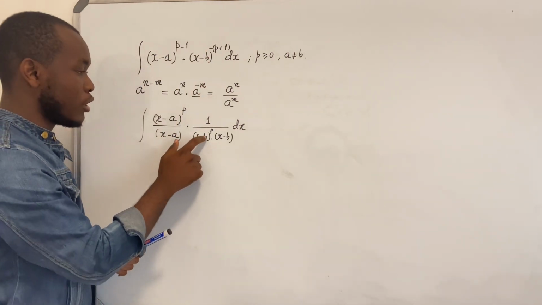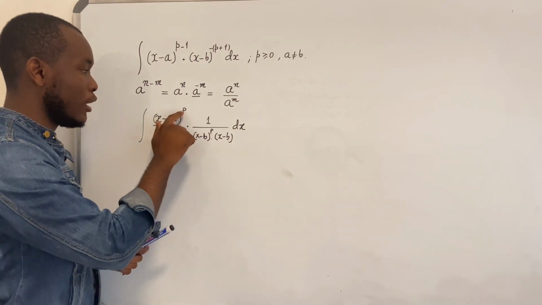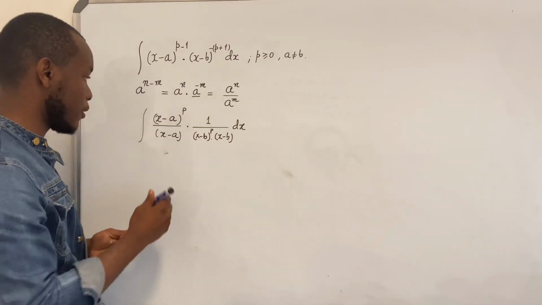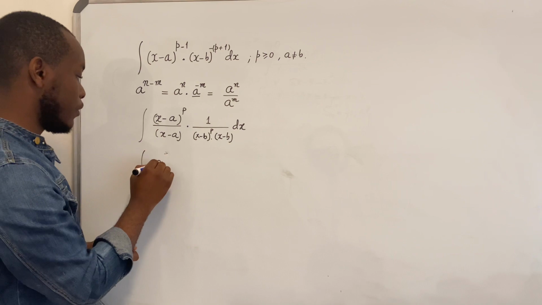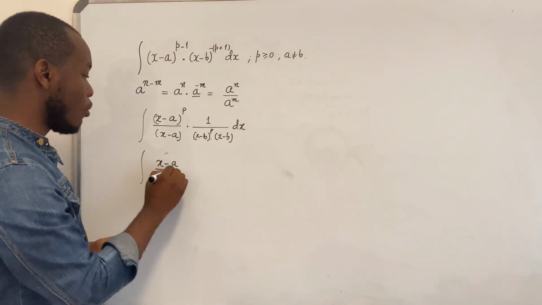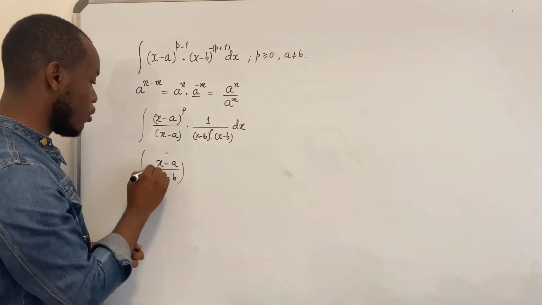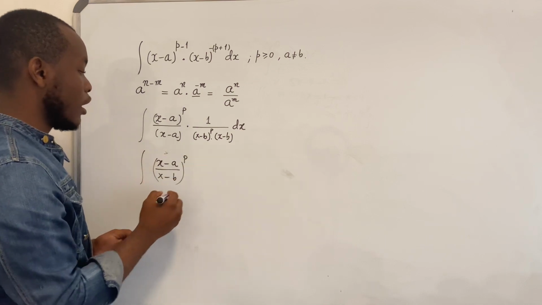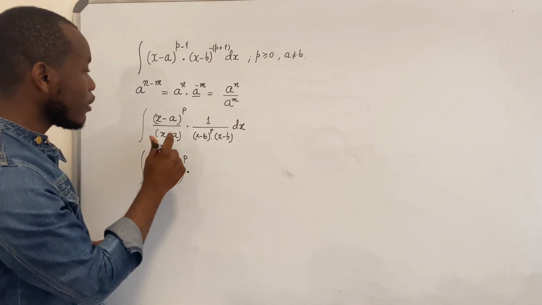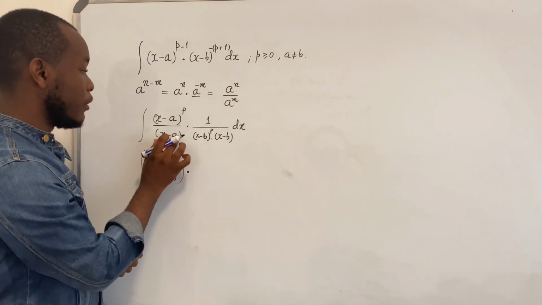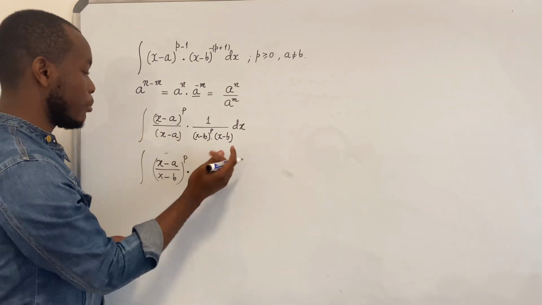Now this expression has exponent p and this has exponent p, so we can keep it. So we can say this is x minus a over x minus b all to the power p. And then times, if we check, this expression has no p, this has no p, we can multiply.